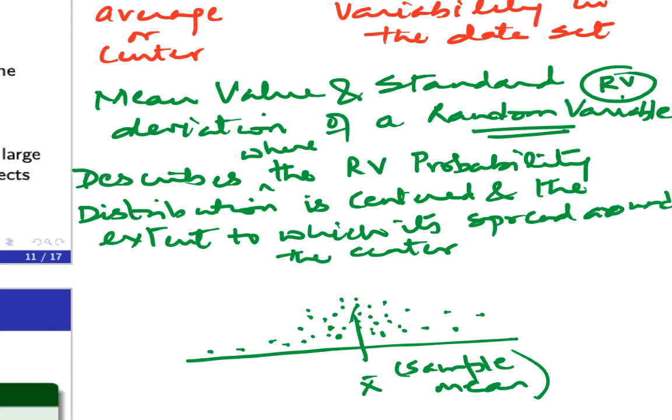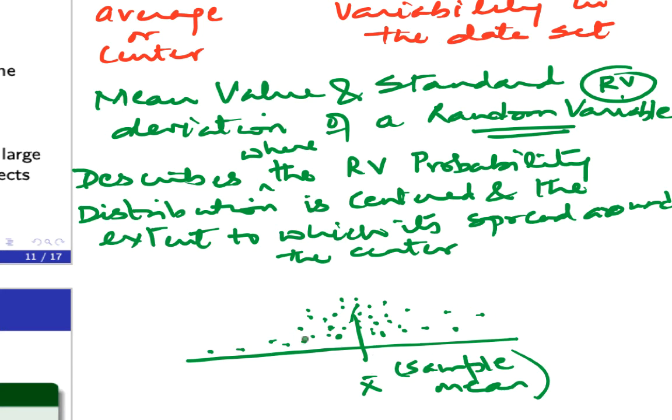So each of these values is representing the value of that random variable. So this is the spread. You see how these data values are spread around the center. All these data values are representing, say, some random variable. We do not know whatever it is. So the spread is called the standard deviation.